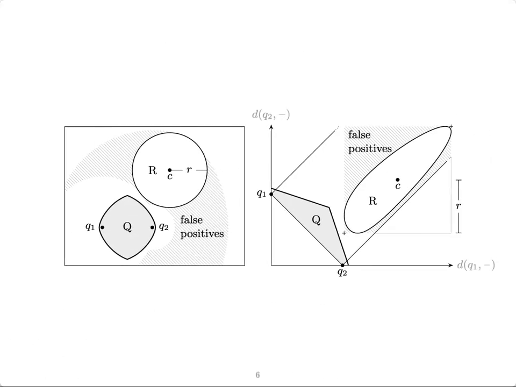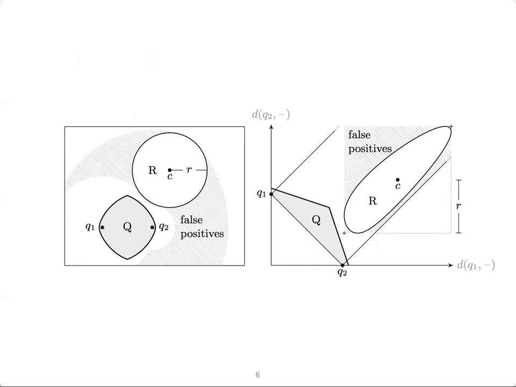Here's a sketch of the situation. To the left, we have the Euclidean plane with a query consisting of two query objects, Q1 and Q2. And we have an ordered weighted average ball around them.